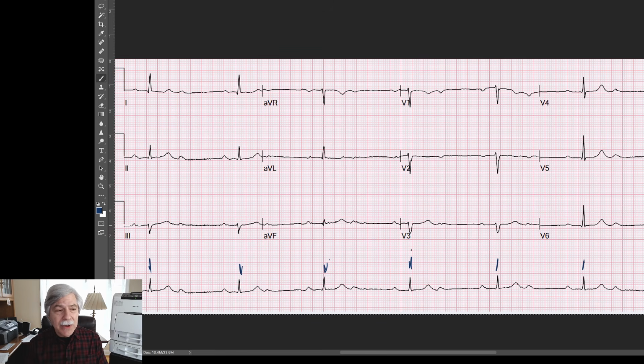And if you have any experience in ECGs, you should be able to see that the P wave, the atrial rate here, is twice as fast as the ventricular rate, right? Now you look at the PR interval, and it's a little bit long. It's about 280 milliseconds or thereabouts.